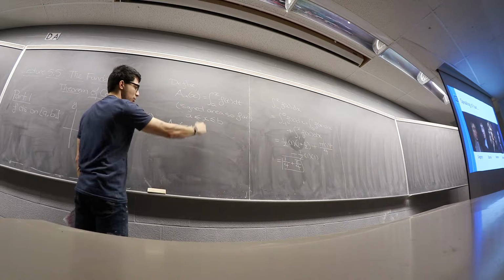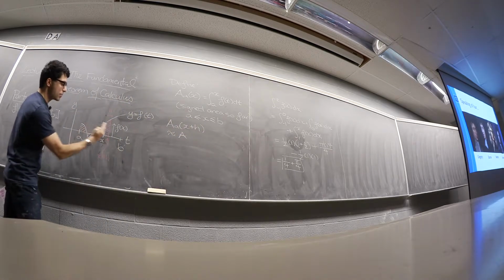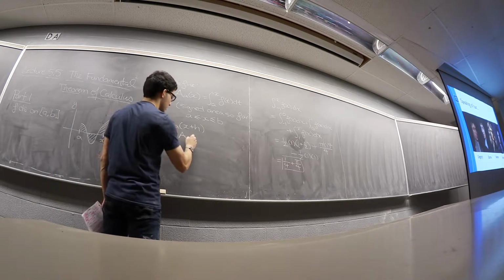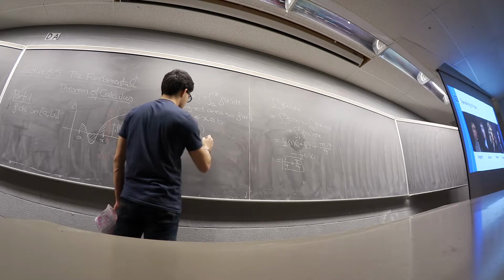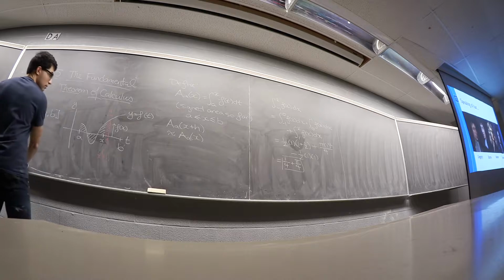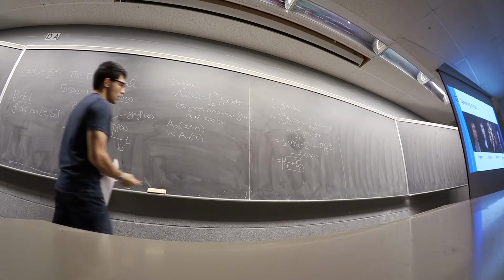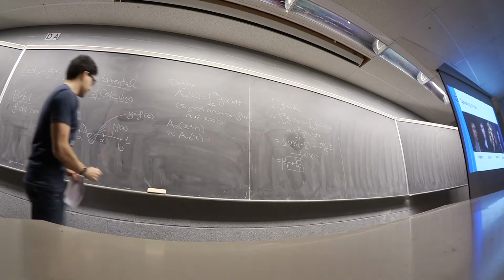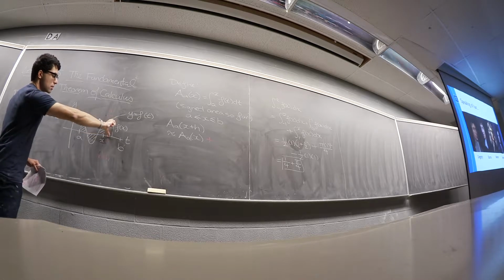Okay, so the new area, so the area up to x plus h, is approximately the old area up to x, so white stuff, plus h times f at x.